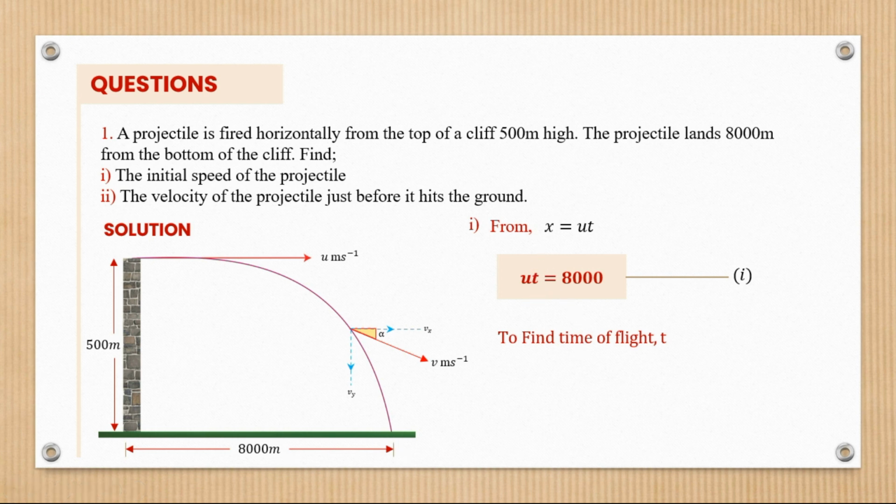So to find the time of flight t, we're going to use the other formula, that y is equal to half gt squared. Now we know that y is 500, and definitely we know that gravity is 9.8. So we can first find the time of flight. So 500 shall be equal to 4.9 t squared, and then you can say that t squared is equal to 500 over 4.9.